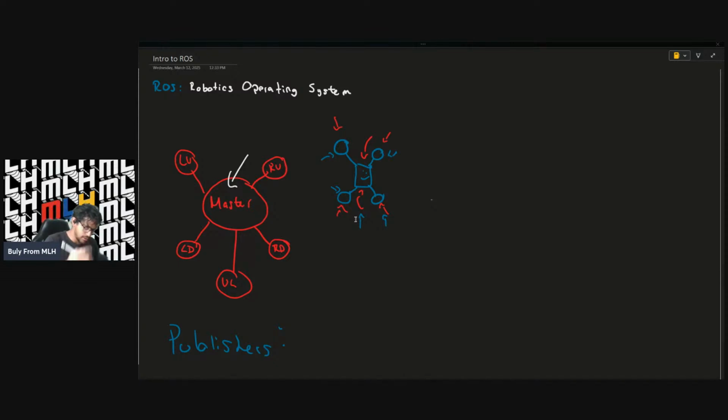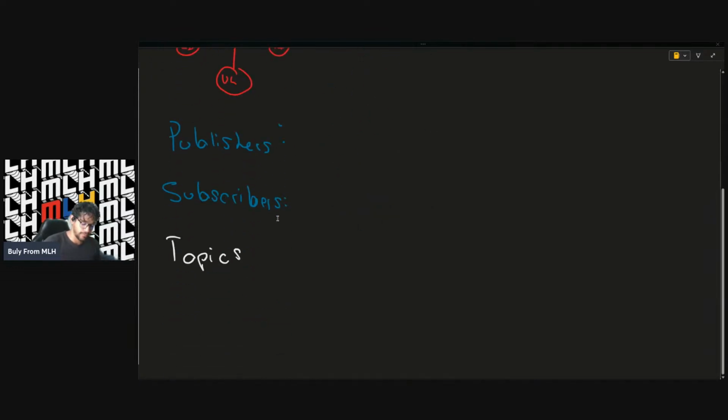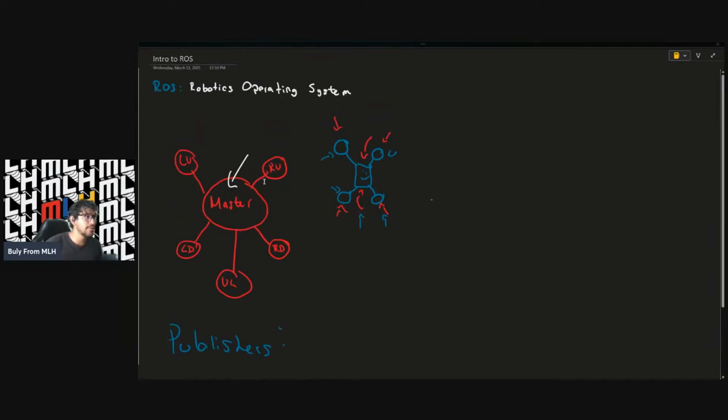Now we have topics. Wait a second. Let me just scroll down. Cool. Topics are the communication channel that allows nodes to communicate. Basically, a topic is a string.